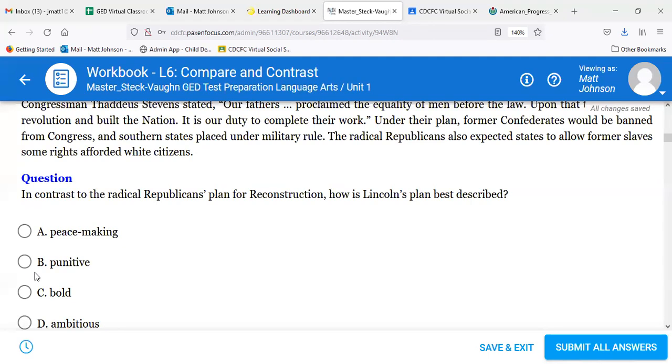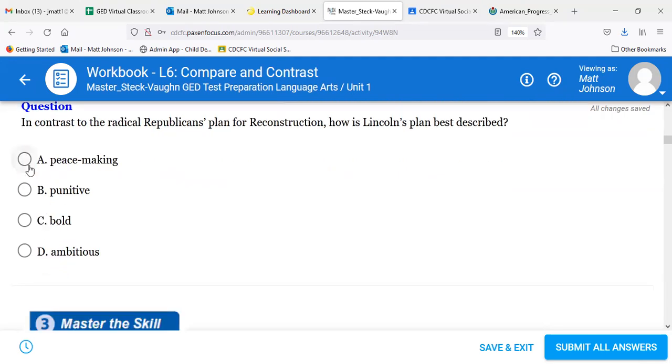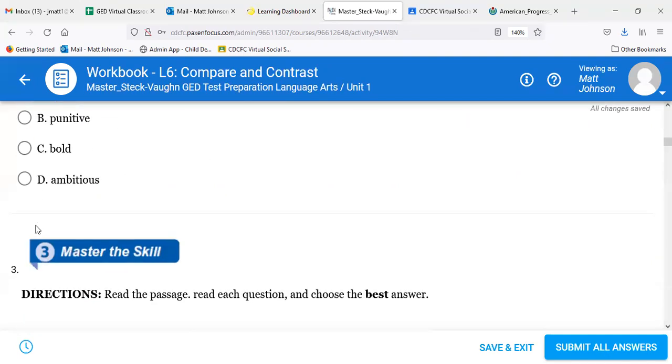Contrasted to the Republicans' plan, Lincoln was trying to take a much subtler approach, one about reconciliation and healing, and the Radical Republicans were more about a punitive Reconstruction toward the Confederate States. So A, peacemaking for number two.